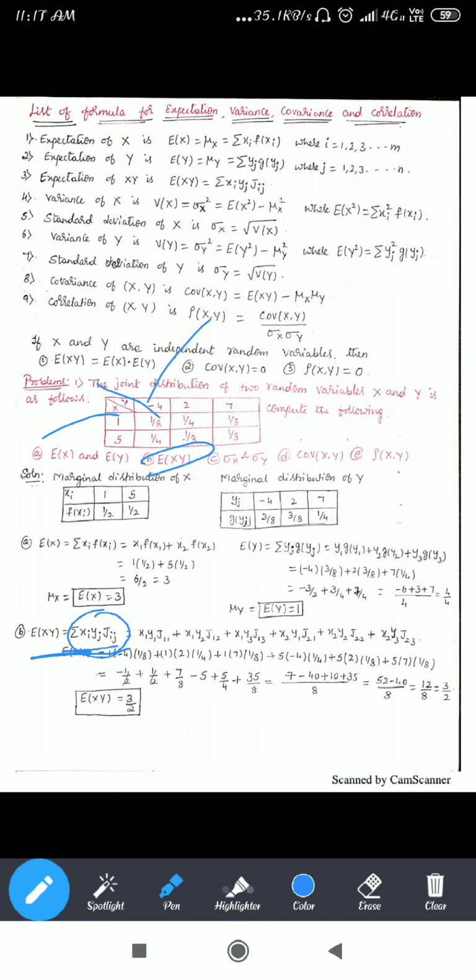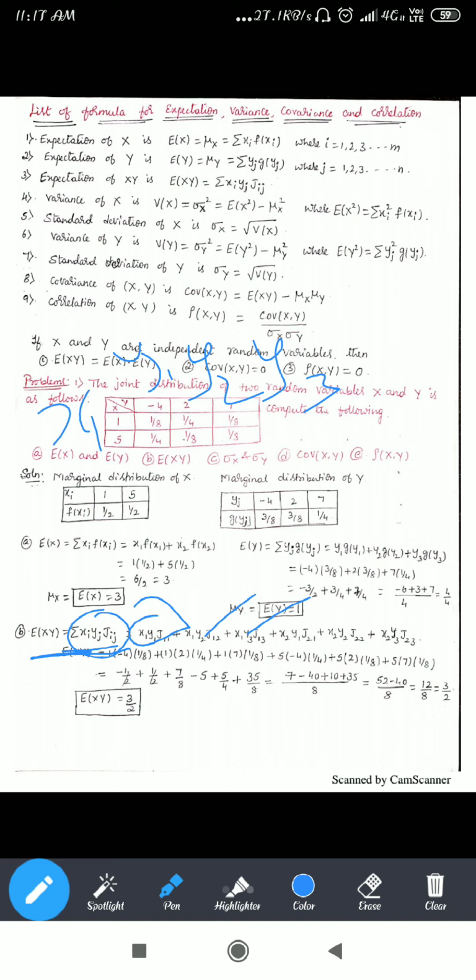Next, x1 y2 j12, same thing. x1 y3 j13, same thing. x2 y1 j21. Always this way it should be; I will mention and show. See, this is y1 y2 y3.